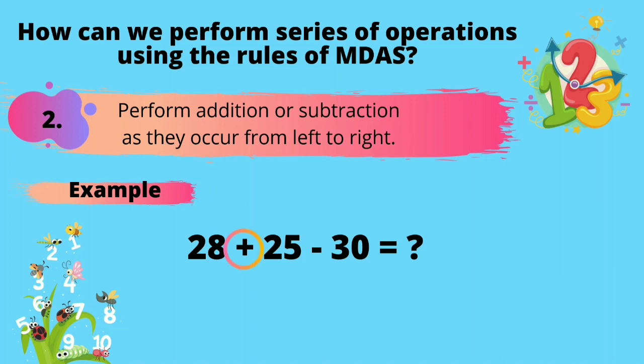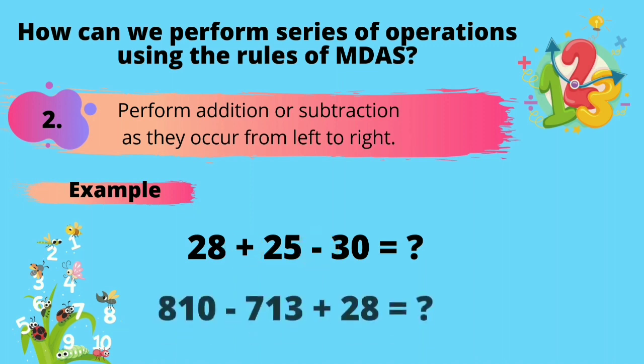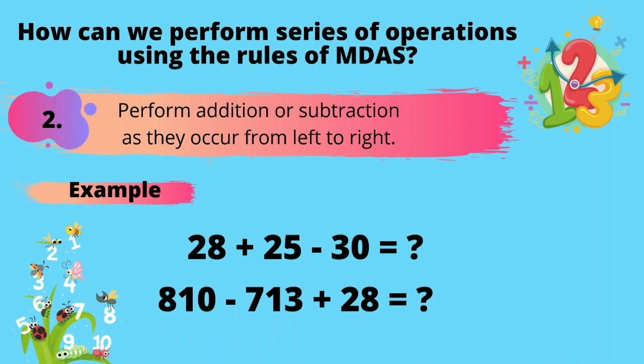The operation from the left is addition, so let us add first 28 and 25 before subtracting 30. Another example, 810 minus 713 plus 28. Since the operation from the left is subtraction, we are going to subtract first before we add.